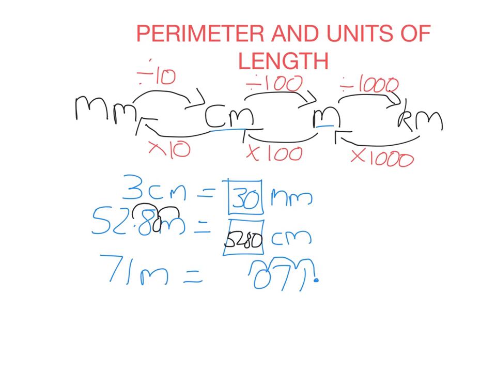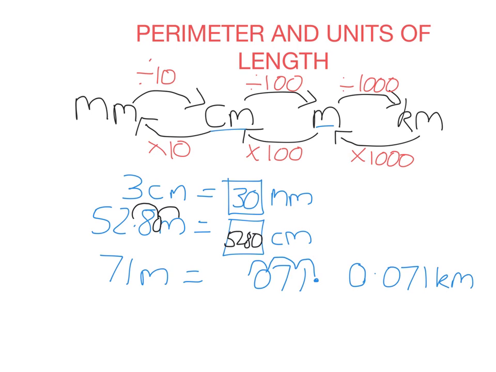So 71 meters is 0.071 kilometers. So when you're going from a smaller unit like meters to a larger unit like kilometers, you divide because there are fewer of those kilometers.